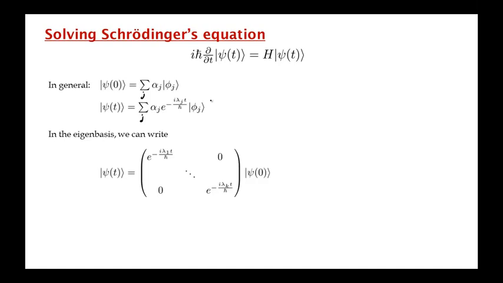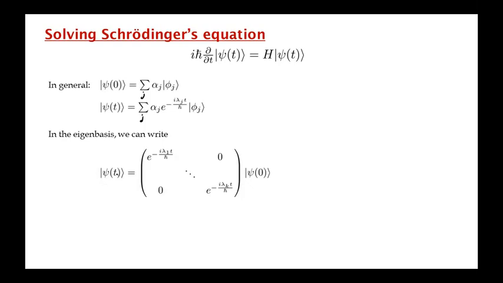Okay, now we could also try to write this out as an operator. If you want to know how to get from the state at time 0 to the state at time t, there's clearly a linear operator that maps from time 0 to time t.